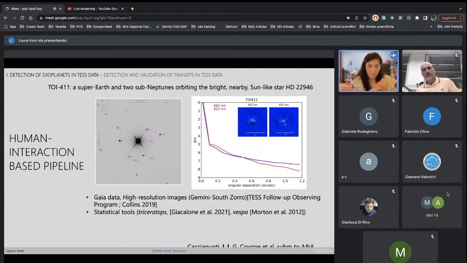Just to complete the discussion of the human interaction-based pipeline, as I mentioned before, you can also use supplementary data. You can do that by looking, for instance, at bright sources in Gaia surrounding your star, or you can use high-resolution images from ground-based observatories, and then you can search for close stars at close separation, for instance, in this case, within a 5 magnitude range from the star.